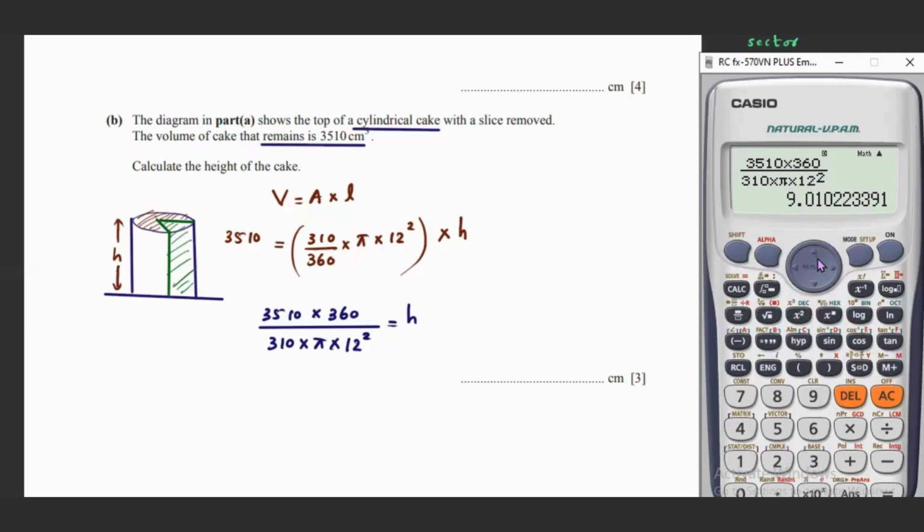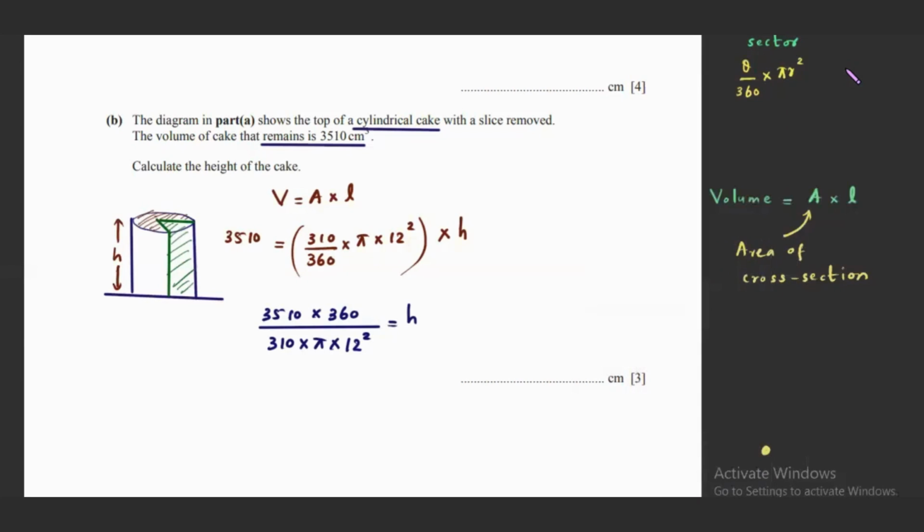So this will give us the value of H, which is 9.01, which means the height of this cylindrical cake is 9.01 centimeters.